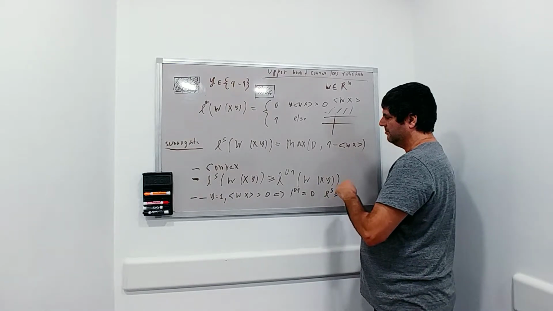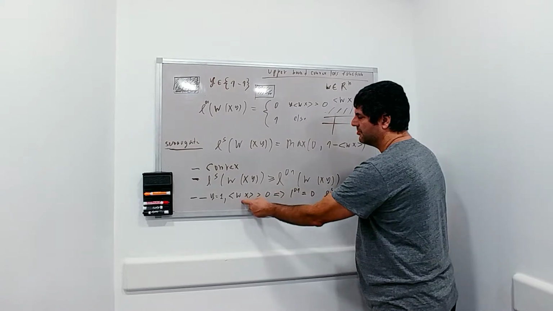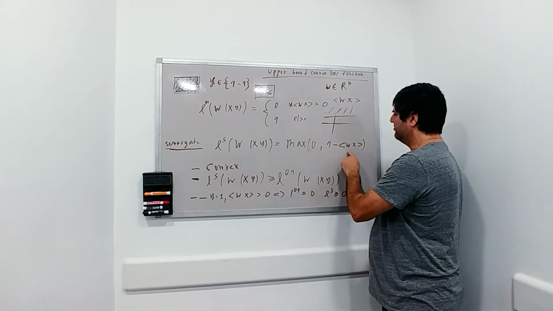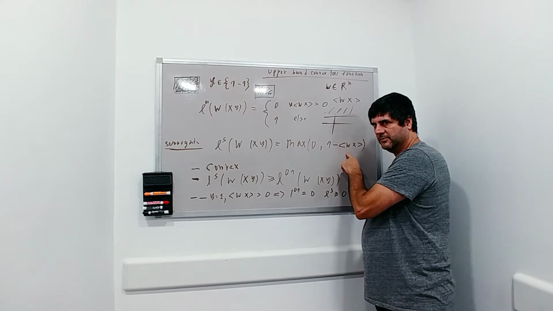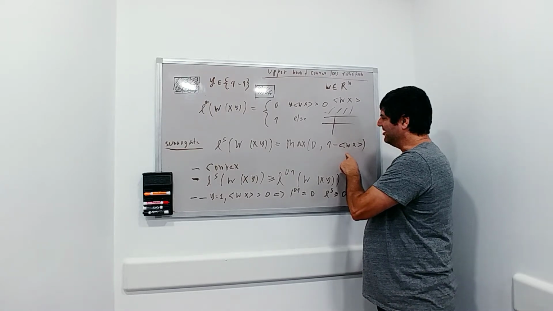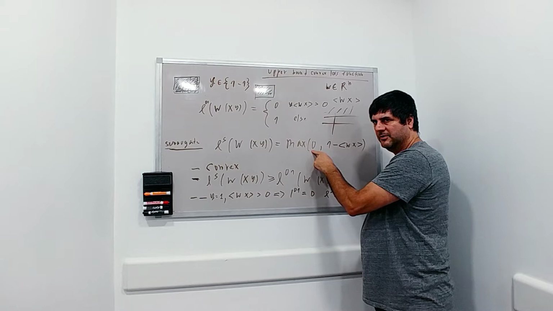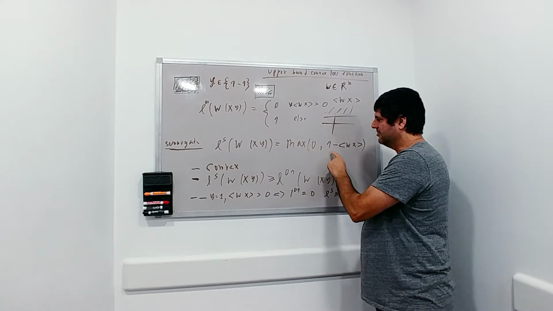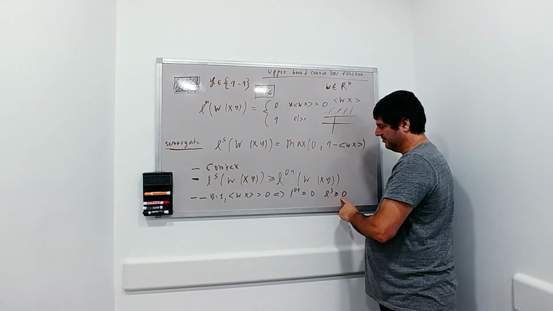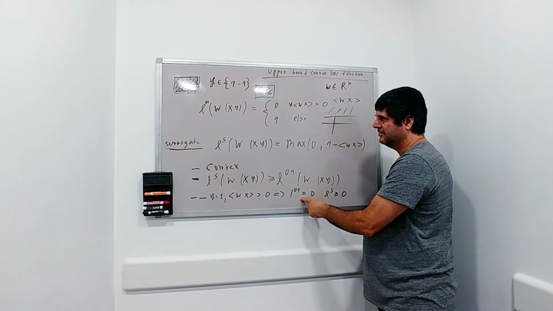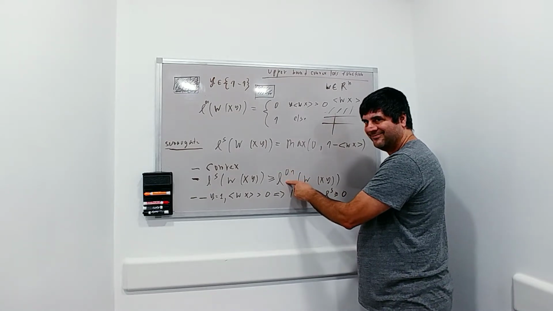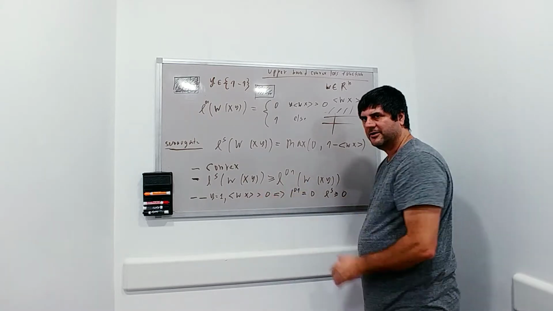Why? Because this is positive, so 1 minus something positive is either positive or negative. But we take the maximum with 0, so it remains at least 0. So it's bigger than the 0-1 loss. So we have that, and so on for the other cases.